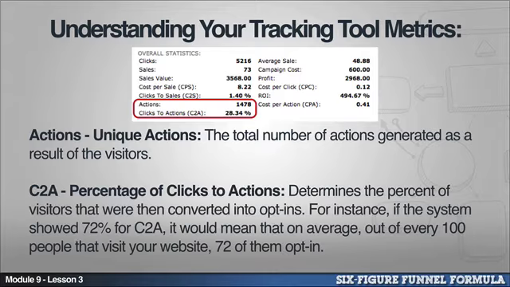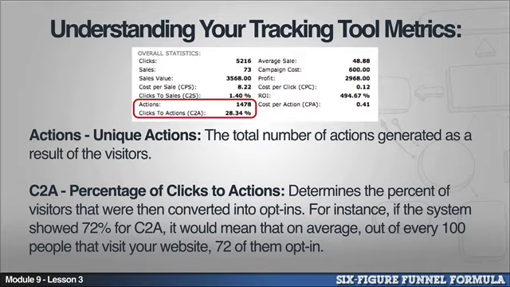Now, clicks to actions is really the opt-in rate, right? Clicks to actions determines the percent of visitors that were then converted into opt-ins. For instance, if HyperTracker showed 72% for clicks to actions, that would mean that on average, out of every 100 visitors to your website, 72 of them opted in.